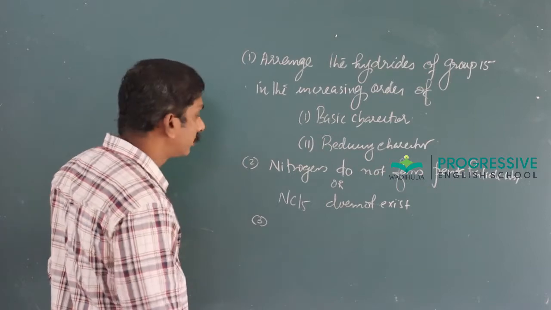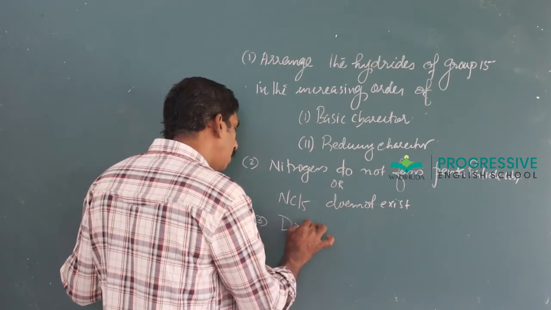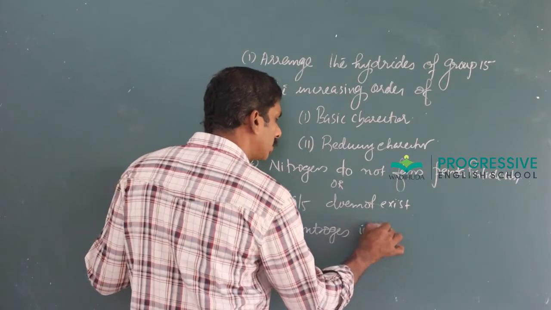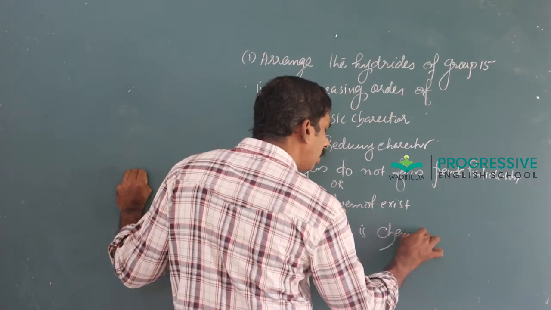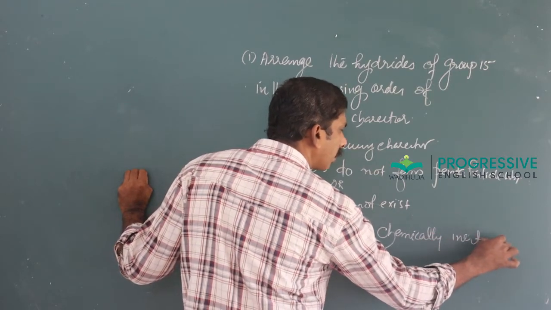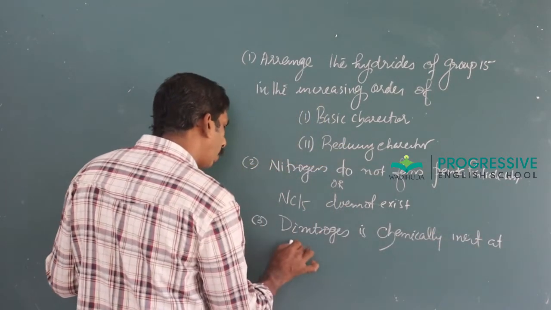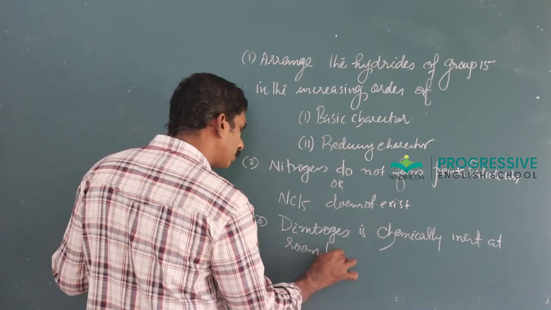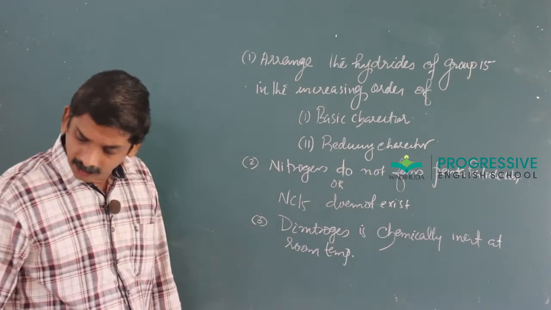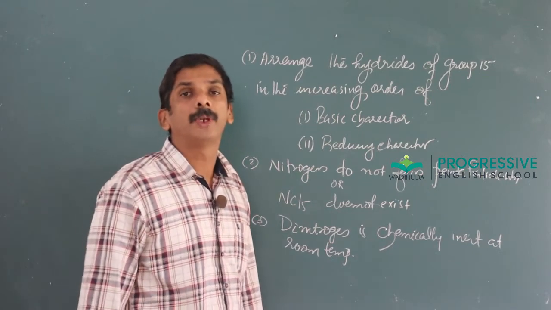Third one, dinitrogen, means N2, is chemically inert at room temperature.